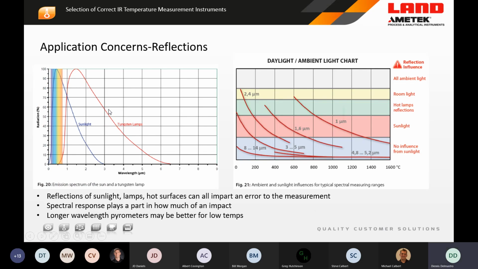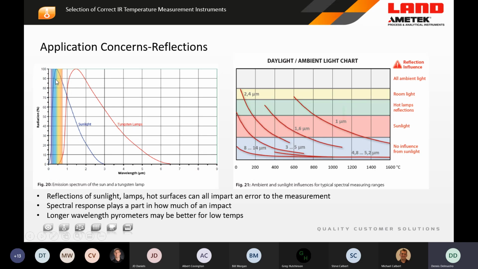Another concern when you're dealing with applications are reflections. I had an initial slide up there showing a steel block, where that steel block was getting energy from a hotter background, and that energy is additive to the self-radiation from the object itself.